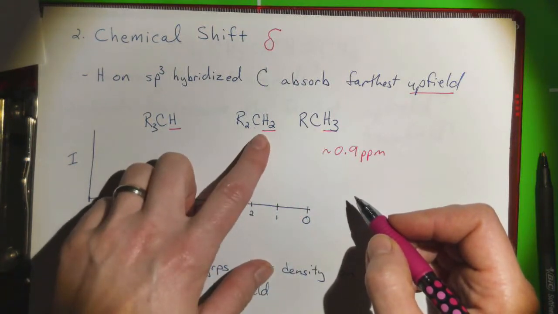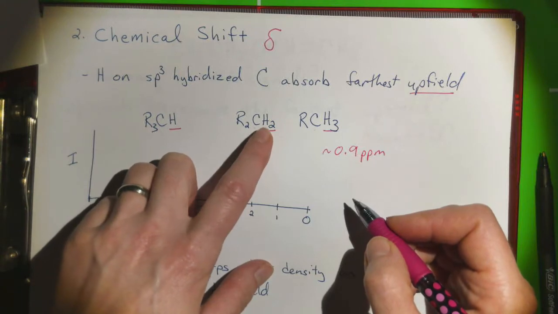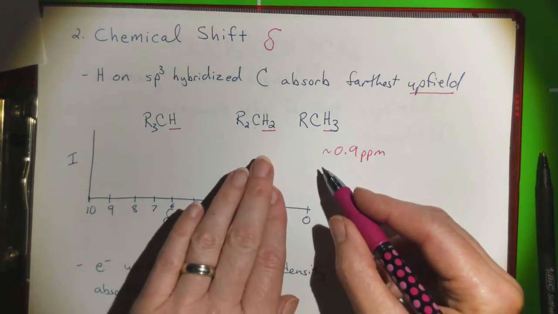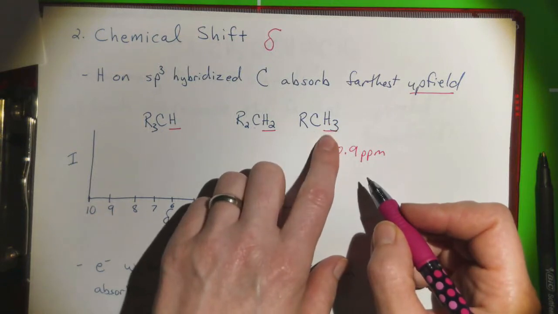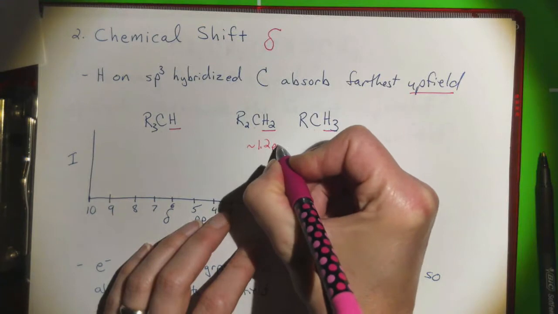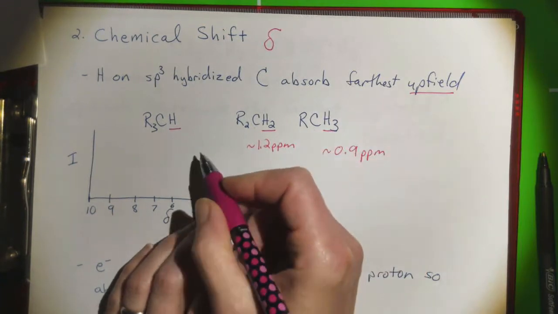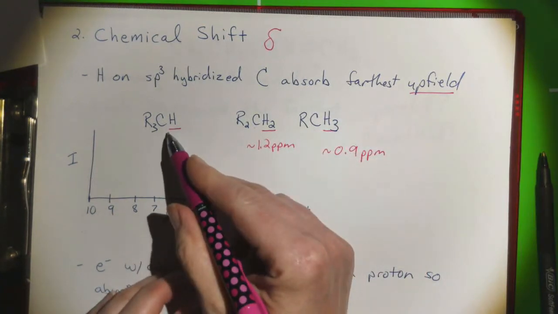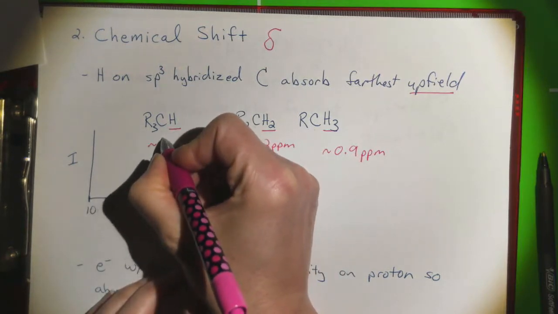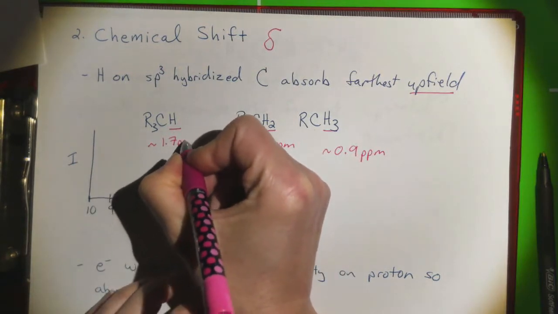With the methylene protons, they're going to be shifted a little bit to the left, a little bit downfield relative to the methyl protons. These are going to tend to be around 1.2 ppm. And the methine protons over here, they're going to be a little bit farther downfield, around 1.7 ppm.